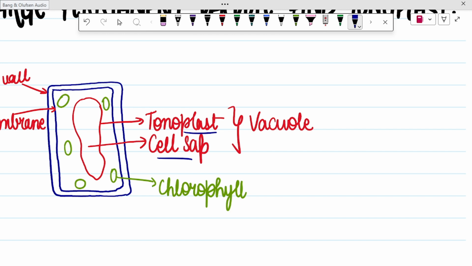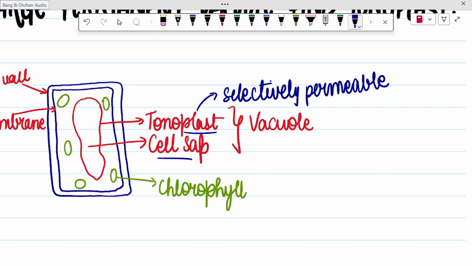It controls the substances that enter and leave your cell sap. कुछ कुछ चीज़ों को आने देती है, कुछ कुछ चीज़ों को जाने देती है, which is why we call it selectively permeable, like your cell membrane. And again, they won't ask you to draw the structure of tonoplast in your exam.